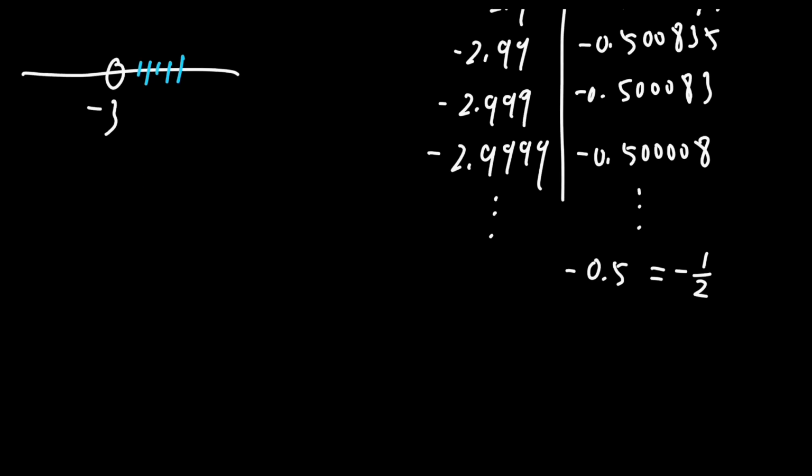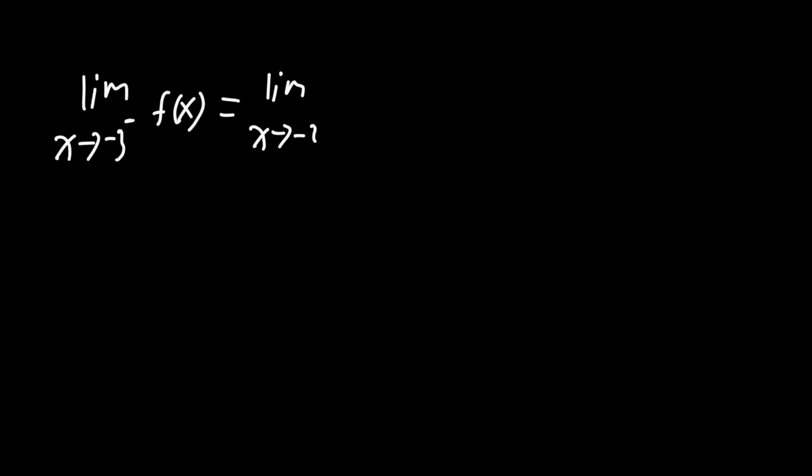And because the limit as x approaches -3 from the left-hand side equals the one-sided limit from the right-hand side, they are both equal to negative 1/2.